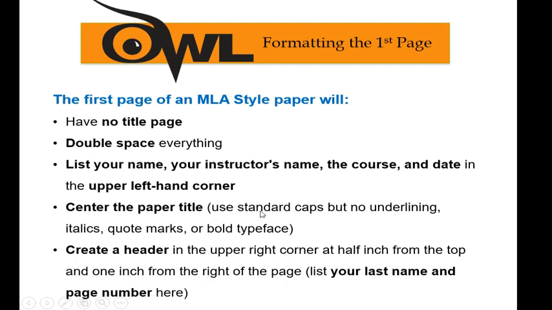Center the paper title. Use standard caps but no underlining, italics, quote marks, and bold typeface. You have to create a header in the upper right corner at 1/2 inch from the top and 1 inch from the right of the page. List your last name and page number.